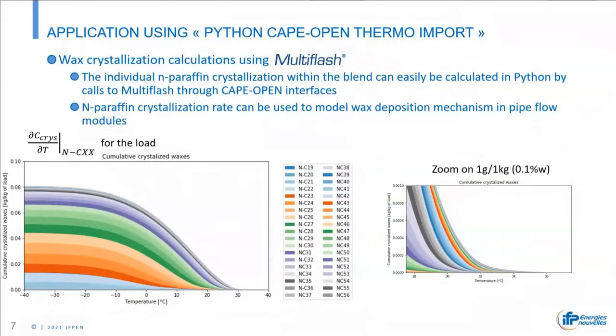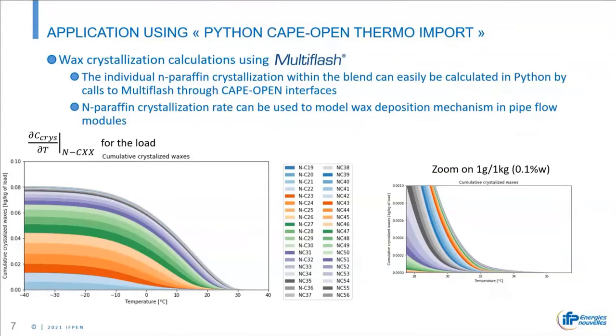So this is actually a view of what's possible to be done. It's possible to track individual N-paraffin crystallization within the plane by performing a lot of calculations using Python through calls to Cape-Open interfaces. And this N-paraffin crystallization rate can be used further in wax deposition models implemented in a pipe flow model.